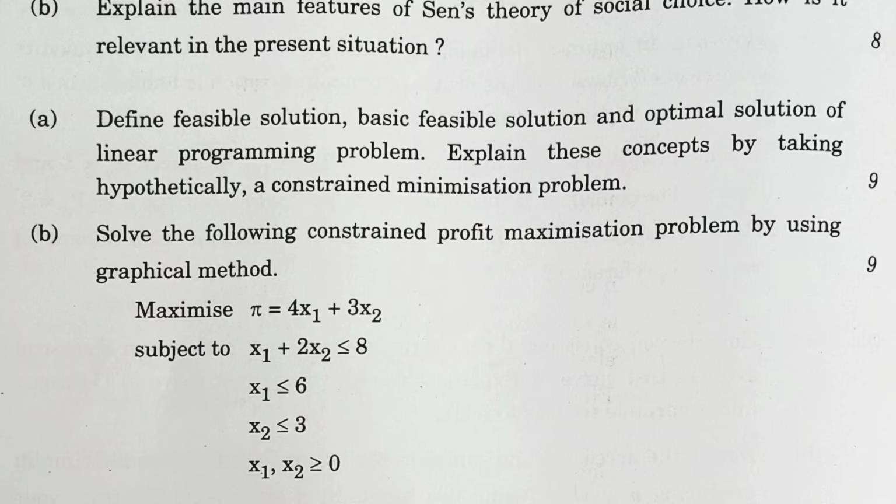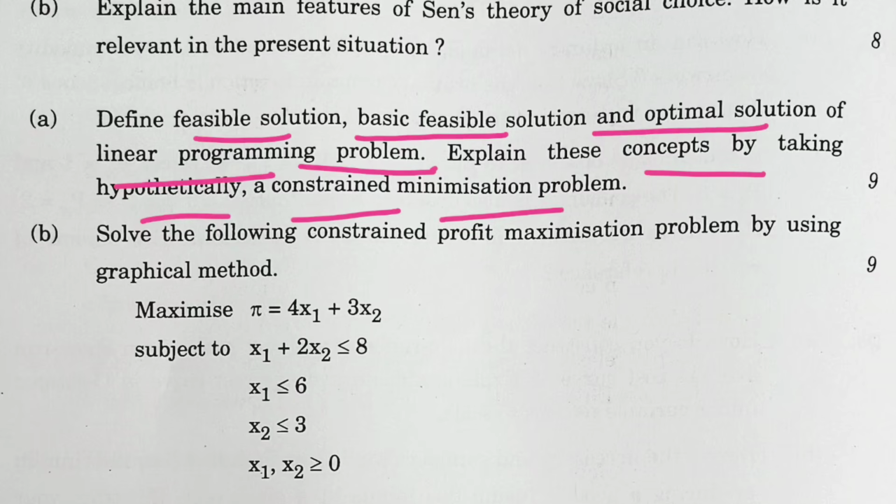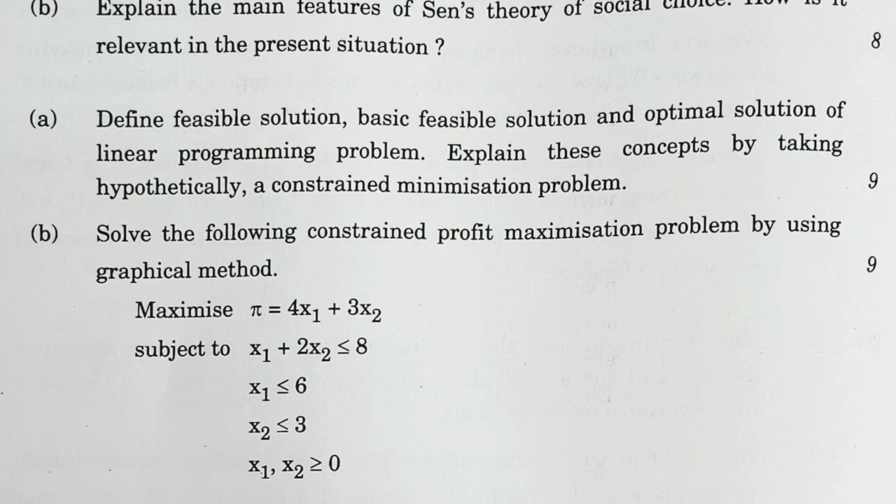So the next question is: define feasible solution, basic feasible solution, and optimal solution of a linear programming problem. Explain the concepts by taking a hypothetical constrained minimization problem. Now, in linear programming, a feasible solution satisfies all the constraints of the problem, including the non-negative variables.